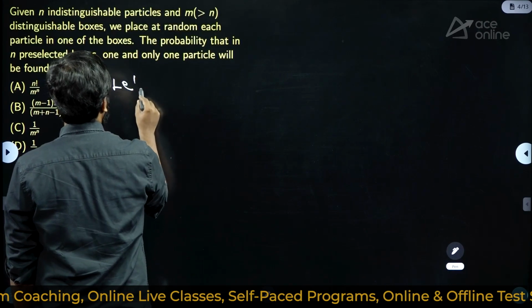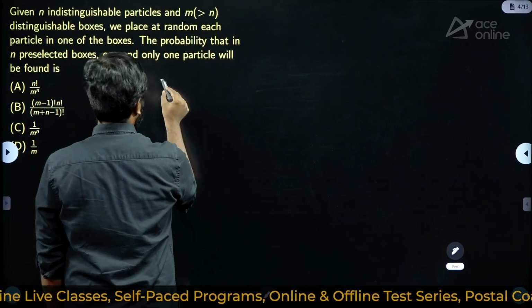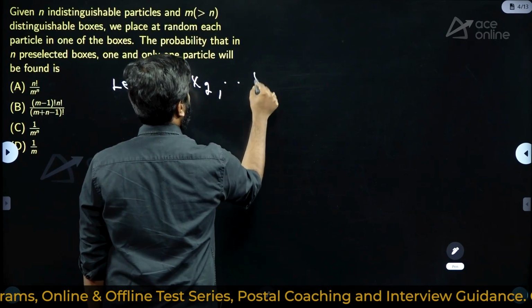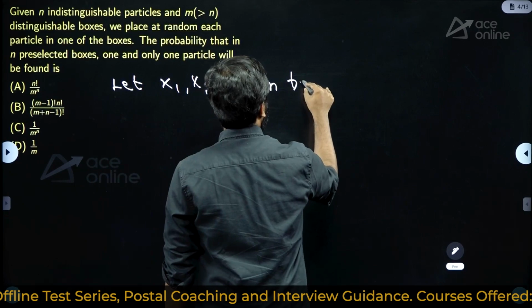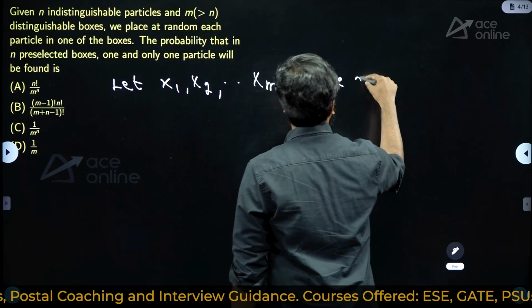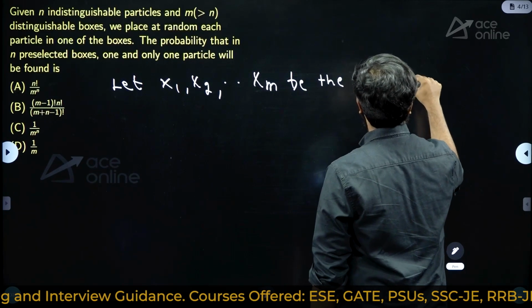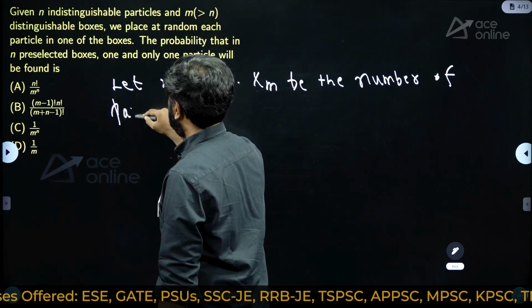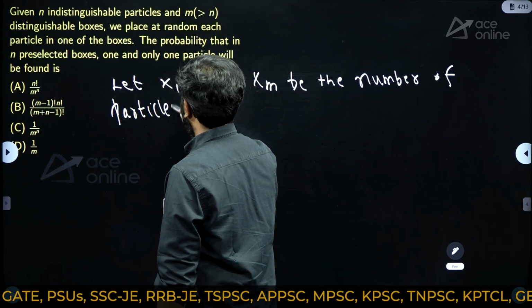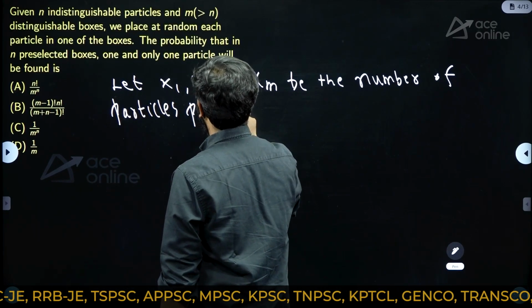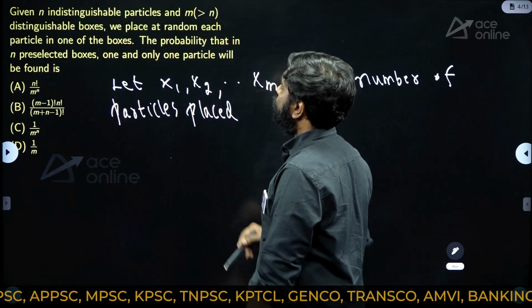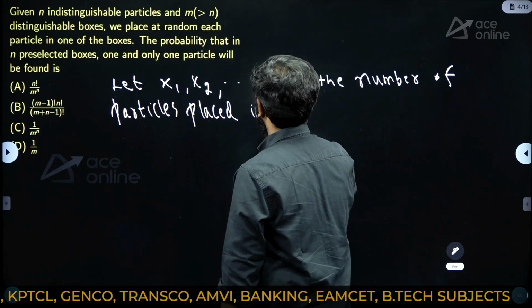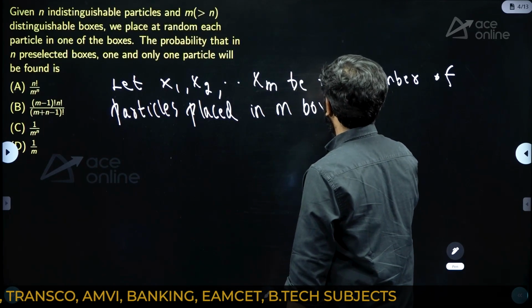Let x1, x2 up to, let's say, xm be the number of particles placed in those m boxes respectively.